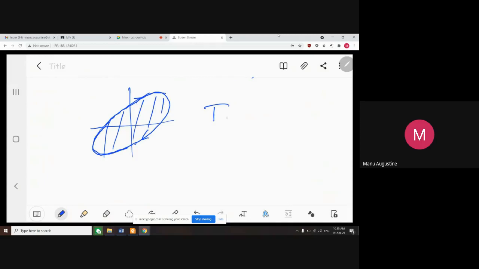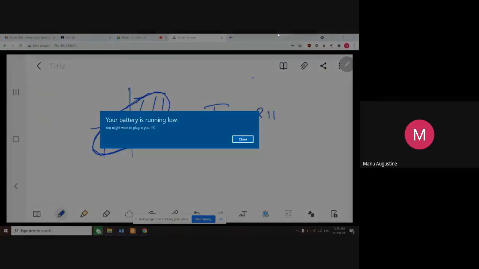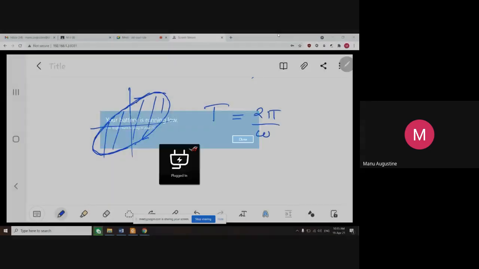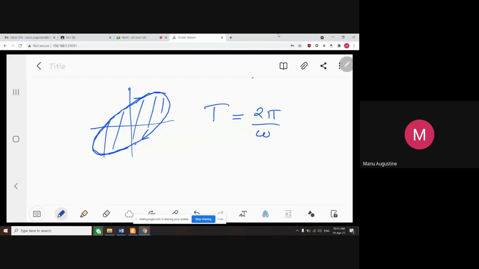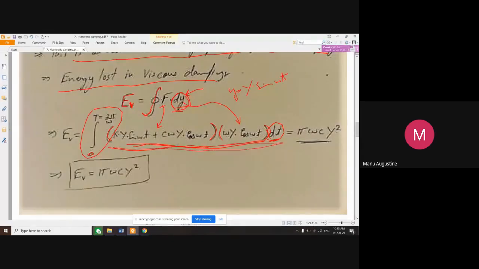One full time period of oscillation means 2 pi upon omega. So 2 pi upon omega is one full time period. So if you say that you have an expression of energy which you need to integrate for one full time period, then you have to integrate it from 0 to one time period, that is 2 pi upon omega.